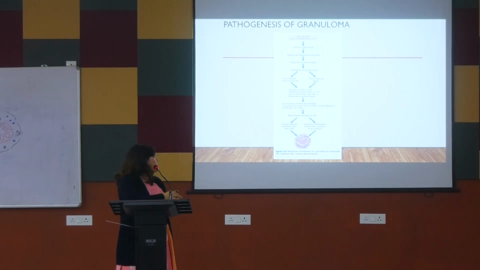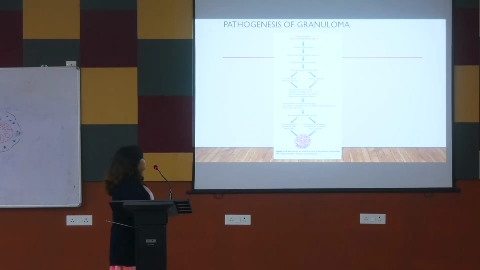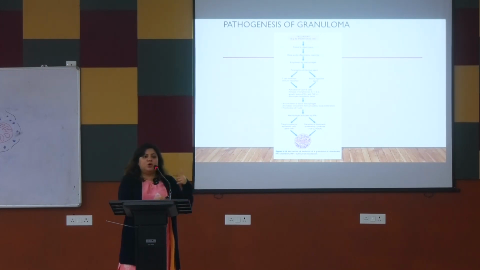You have to remember, most importantly, interferon gamma, because it is most important for activation of macrophages. So there is release of some chemokines, and these chemokines are attracting further macrophages. Along with that, there is proliferation of T cells. More T cells are present, more macrophages are present.